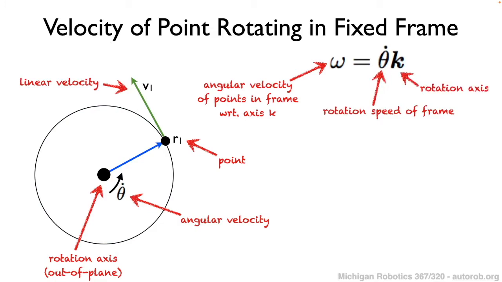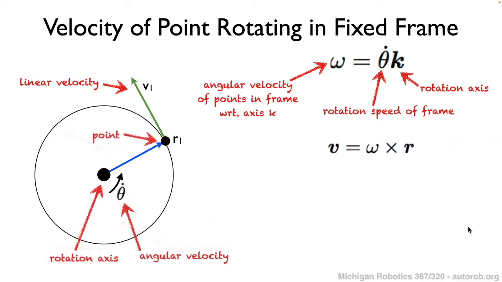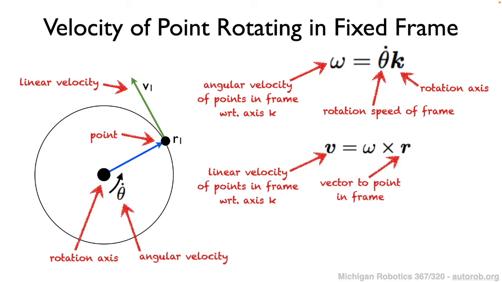The first thing is we denote the angular velocity of the point in this equation here. We take the rotational speed, given in radians per unit time, and we multiply that by the rotational axis, which will be some axis in 3D space, and that gives us our angular velocity. At that point, we can derive the linear velocity with the following equation. The linear velocity is equal to the angular velocity cross product with the position of the point relative to that axis of rotation.